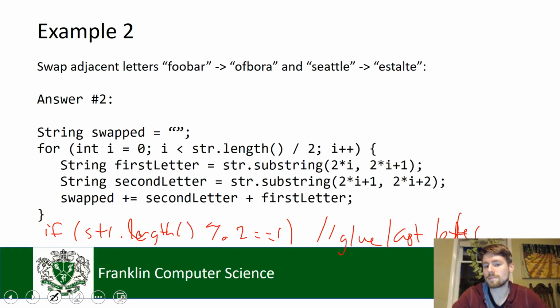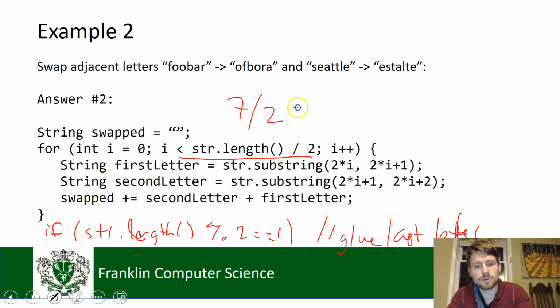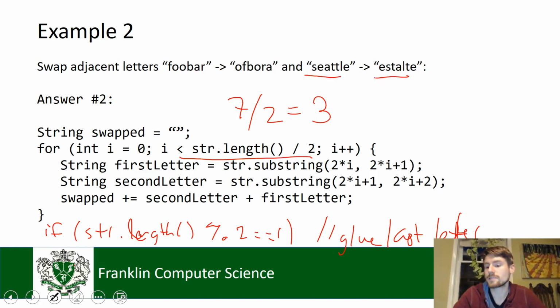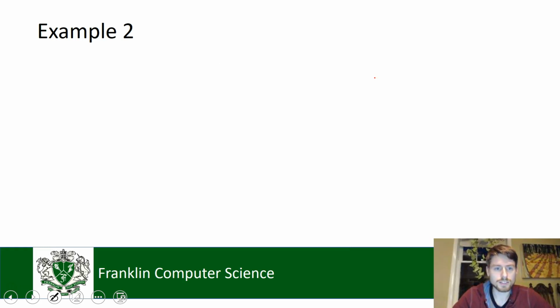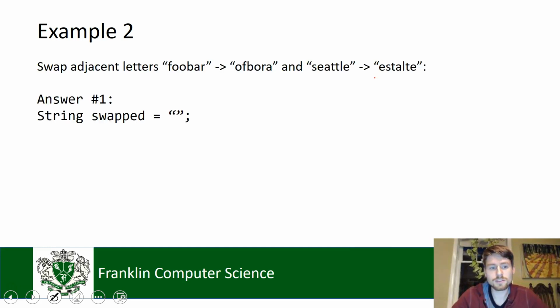In this case, we divide by 2, and 7 divided by 2 gives you 3. So we only do 3 swaps, and we're only going to look at 6 letters in total, when there are 7 letters.